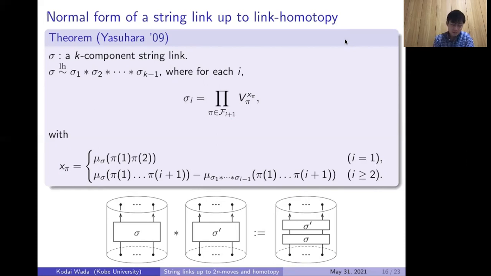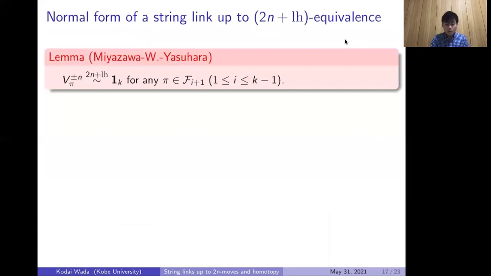Hence, this normal form is determined by mu invariants of sigma. Based on this result, we give a normal form of a string link up to 2n plus LH equivalence. To do so, we need the following lemma.